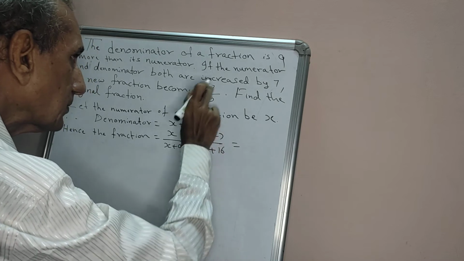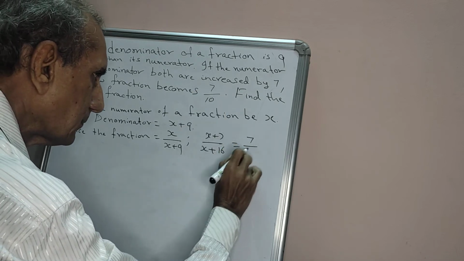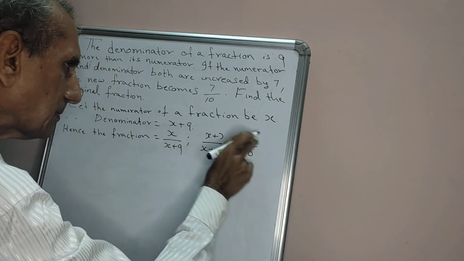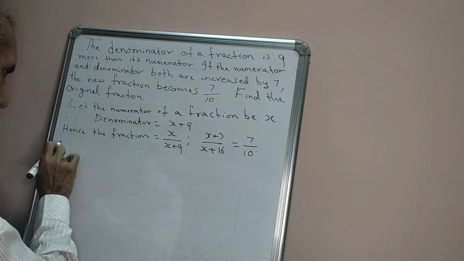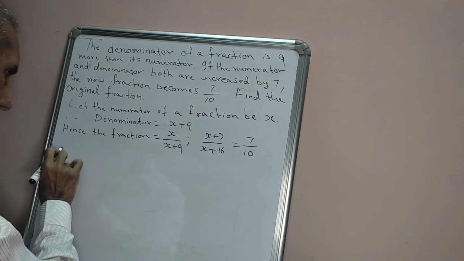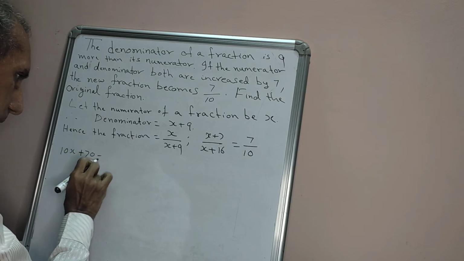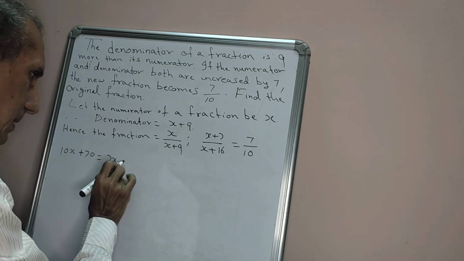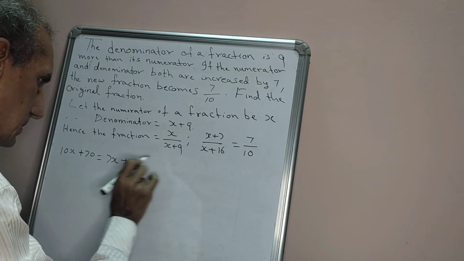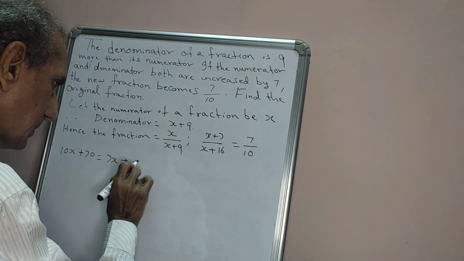So this should be equal to 7 by 10. Now cross multiply. What do I get? 10x plus 70 is equal to 7x plus 16 times 7, which is 112.